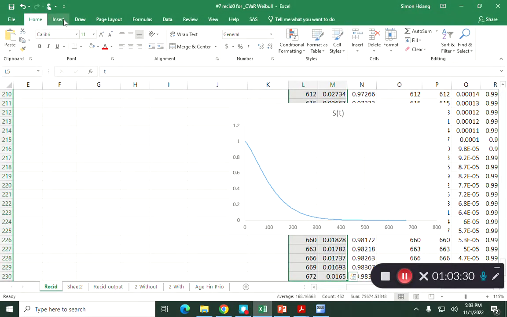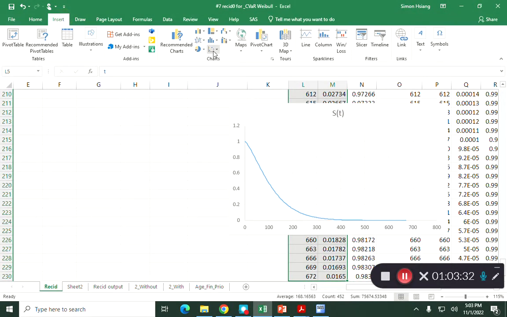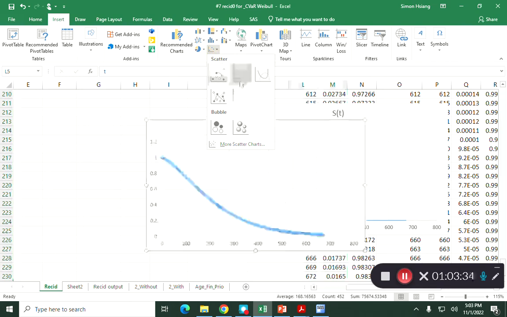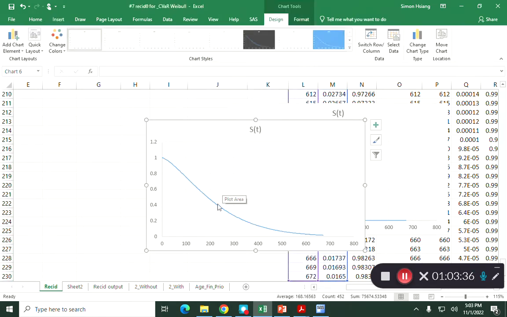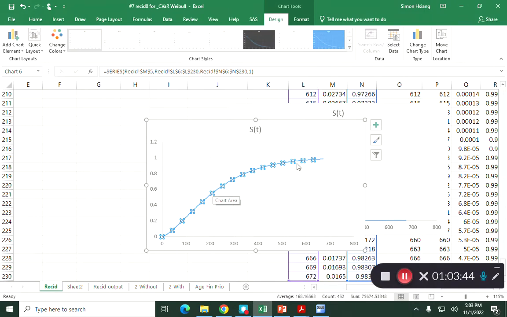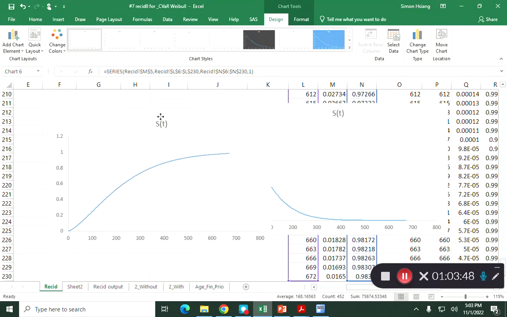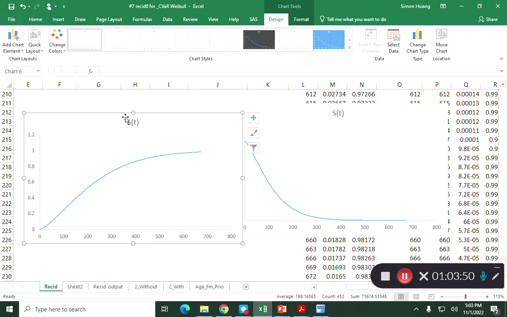And I'll insert. Yeah, and this is the survival function with all the variables. And if I turn around to here, I get my survival function. And if you compare the survival, this is my ST, this is my FT.